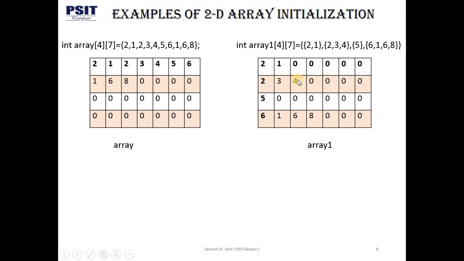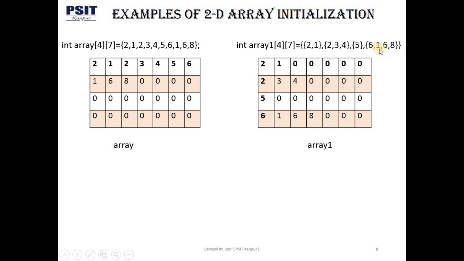So 2 3 and 4 will be filled consecutively in sequential locations, and the rest of the cells will be filled by 0. Similarly, the third row is initialized by only one value, that is 5. So 5 is stored here, and the rest of the row cells are initialized by 0.